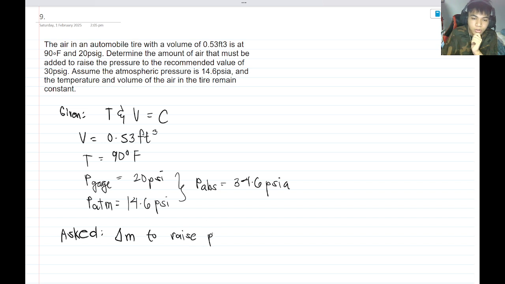To raise pressure to 30 psig, but this is the gauge pressure.